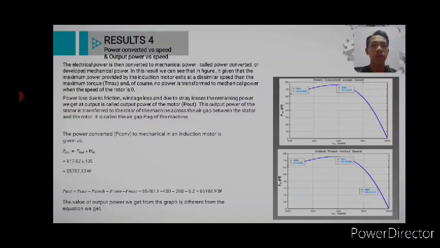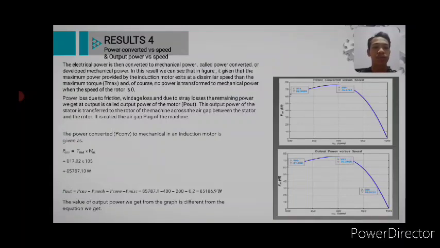The electrical power is converted to mechanical power, called power converted or developed mechanical power. In this result, we can see in the figure that the maximum power provided by the induction motor exists at a different speed than the maximum torque or Tmax.